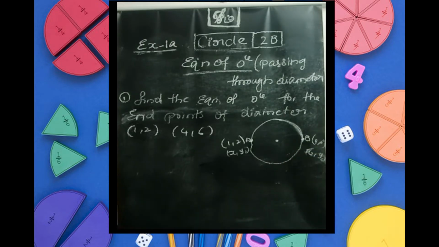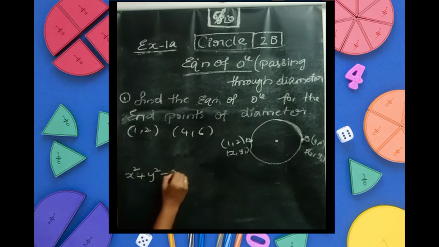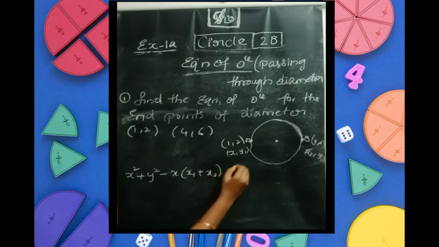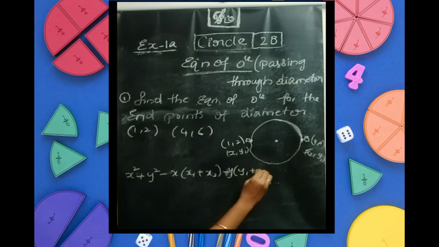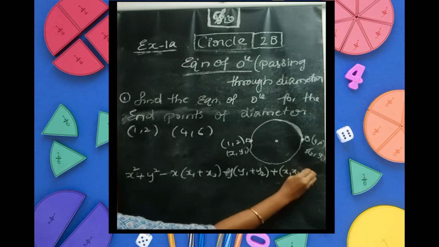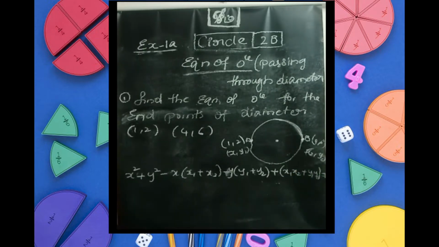We know the formula for this. You can use both formulas. By simplifying we have got x square plus y square minus x into (x1 plus x2) minus y into (y1 plus y2) plus x1 x2 plus y1 y2 equals 0.